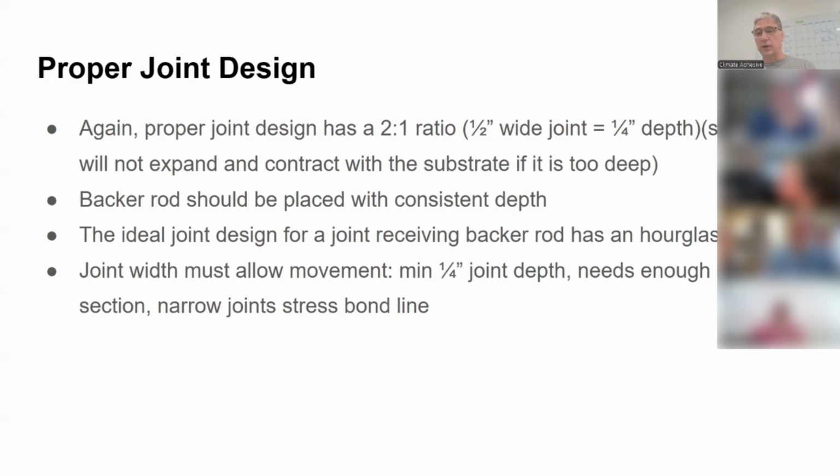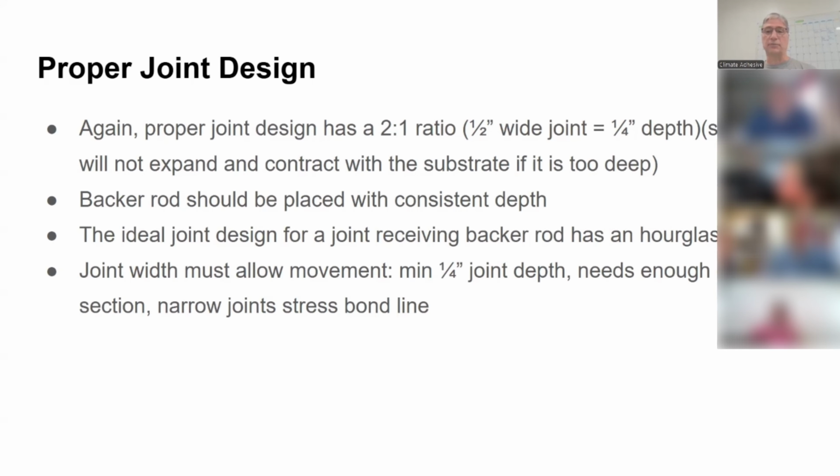Not only does it not move very well, but it creates a lot more stress on the bond lines as well. So you want to use your backer rod to create consistent depth throughout that joint and give it that 2 to 1 ratio. Sometimes there's not enough room to get a backer rod in there, and so you're going to use something else, and we'll talk about that in a little bit, to prevent what's called 3-sided adhesion.